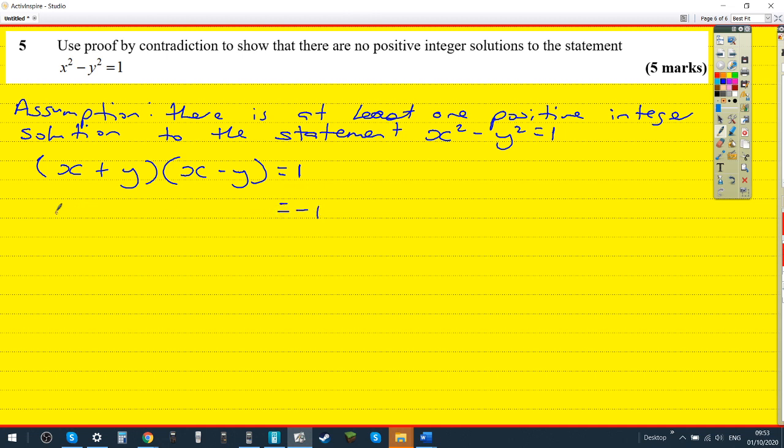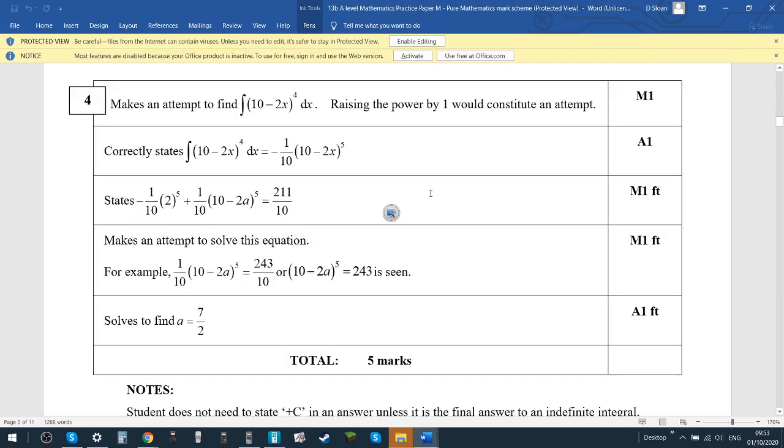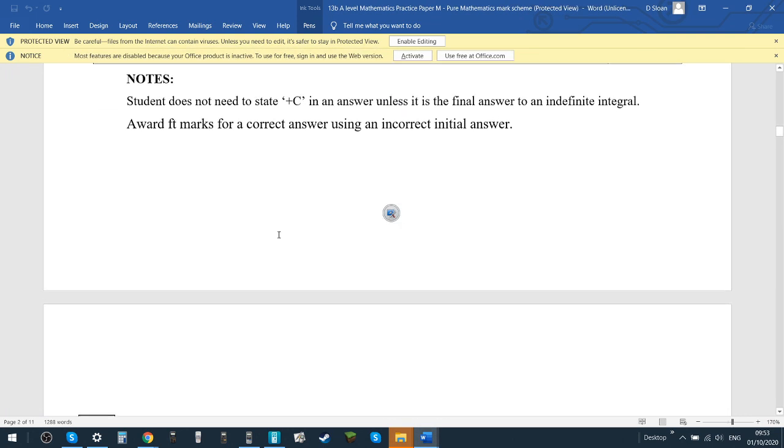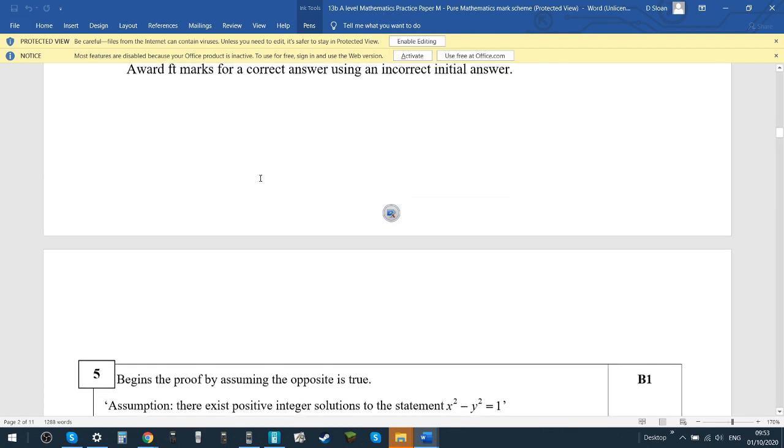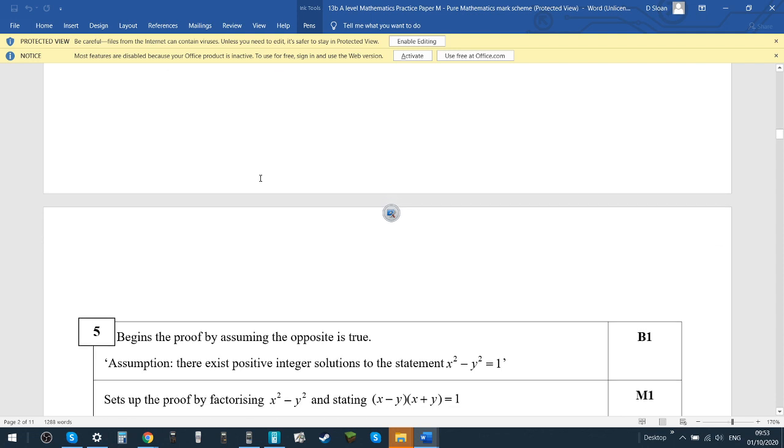I'm not sure myself, but then you'd have to make it in the form of... Do we have to refactorize? x squared minus 1 minus y squared. Proof by contradiction. I'm not sure how you represent all possible positive numbers. There exist positive integers, yeah. Then they factorized it.